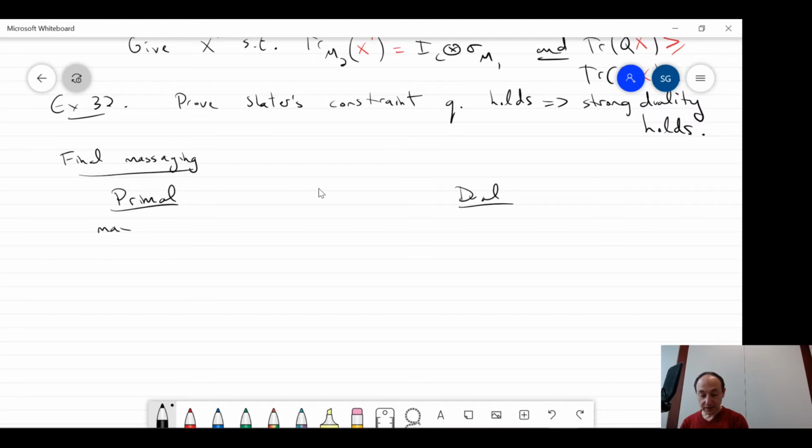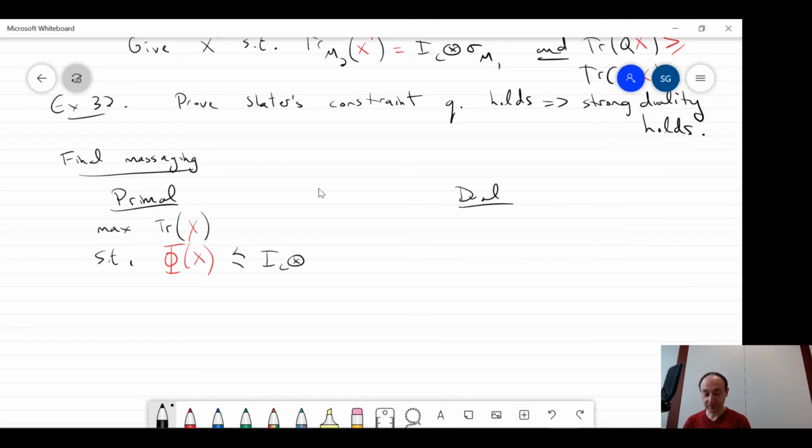And now you'll notice a few things. So first, the trace. Before I had trace of x times q, right? x is the variable. And now q is missing. Where did that go? Well, keep watching and find out. So now I have this funny q phi of x, which was not there before.